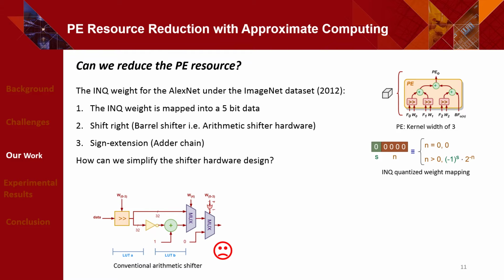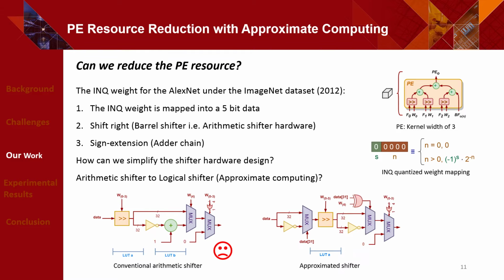So how do we solve this problem? We can simplify the shifter hardware design by approximate computing. Instead of implementing the arithmetic shifter, we try to use a logical shifter, which does not require sign extension, and we do not need adder chains placed really close to each other.